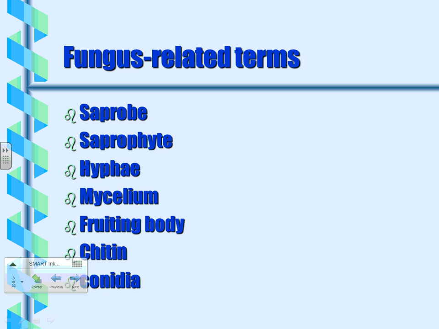First of all, some terms you need to recognize when we talk about fungi. If we use the word saprobe, a saprobe is something that feeds on dead things. It's a decomposer. That's the fungus's main role in the environment.